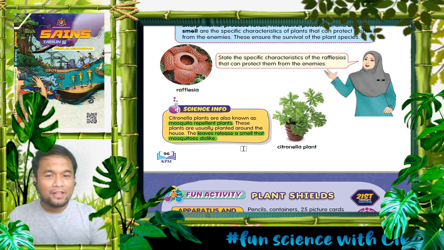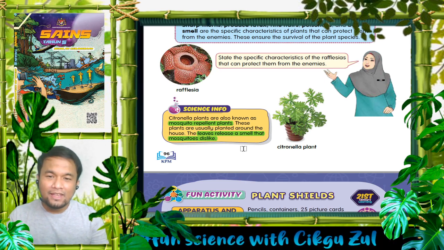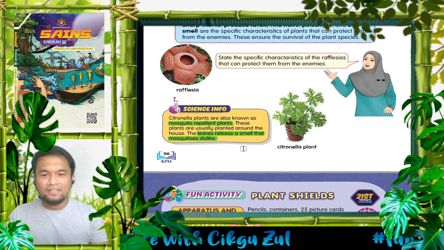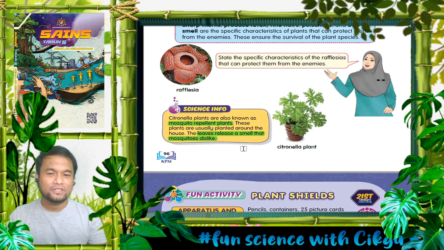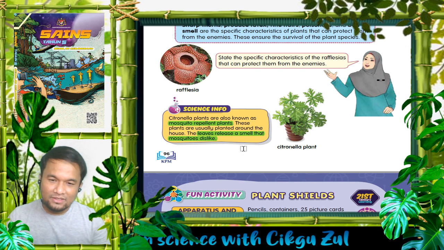You are also helping the environment to be safe and clean. Lagi bagus berbanding when you are using the chemical repellents.